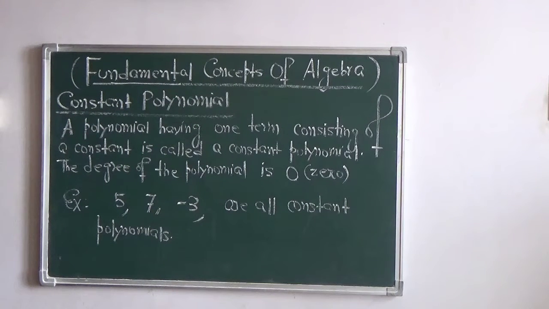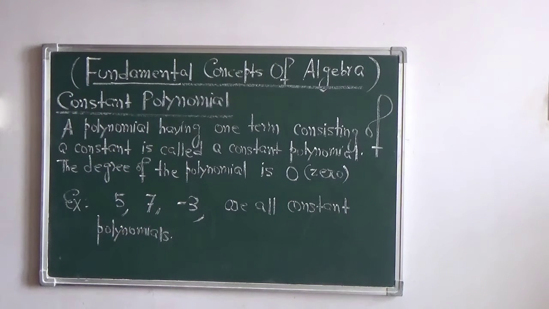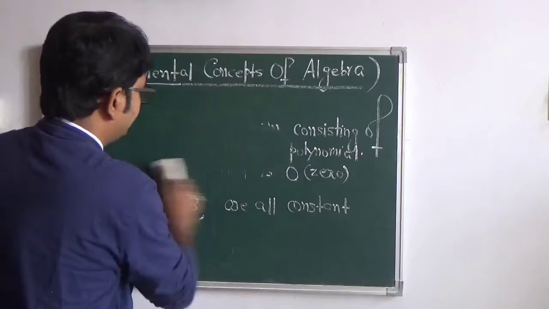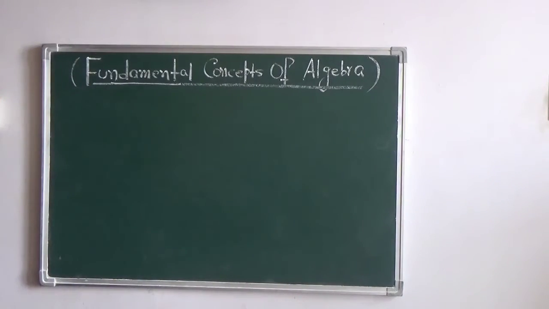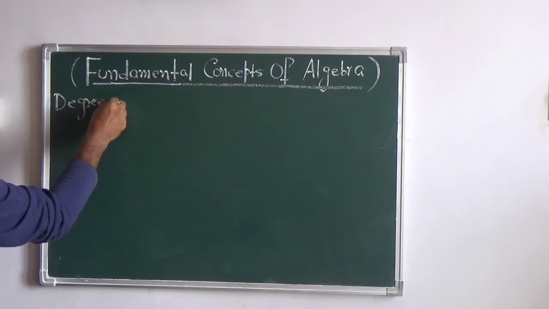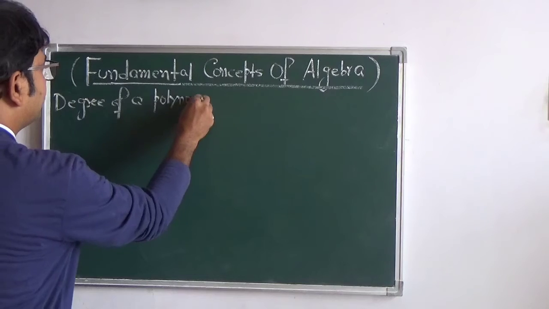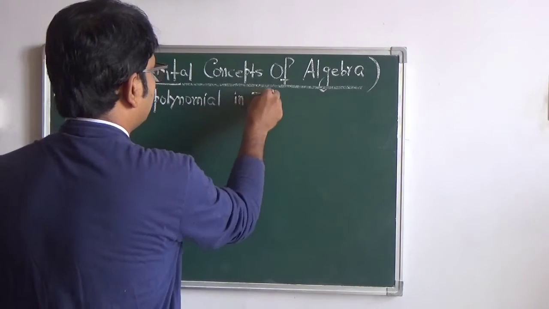Now moving on to the degree of a polynomial in 2 or more variables. Here we had taken only polynomials having a single variable. Now we'll discuss the degree of a polynomial in 2 or more variables.